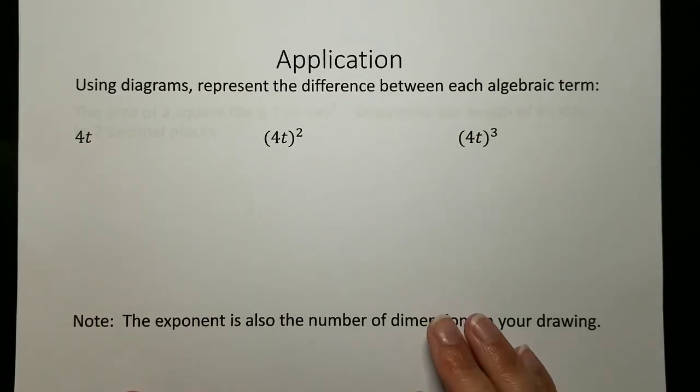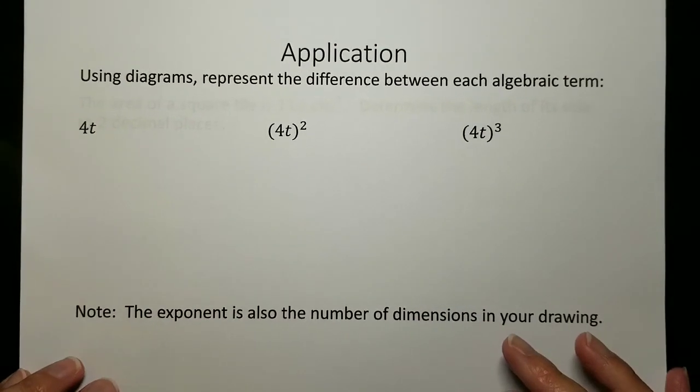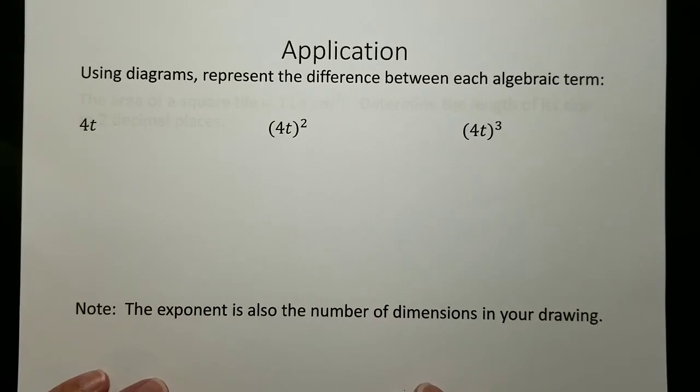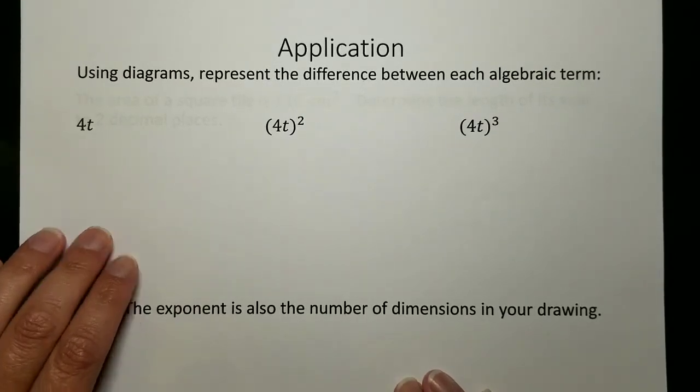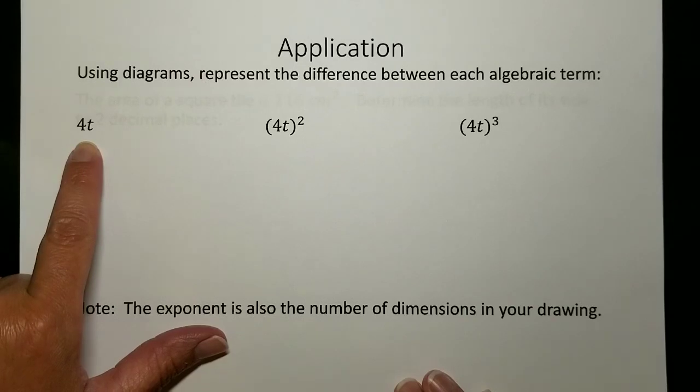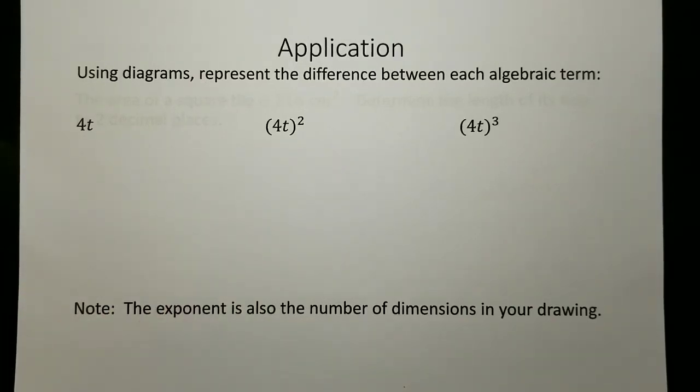So we're going to talk about how we can represent what these mean in a diagram. So if we wanted to represent the algebraic term t, I'm going to assume that t is some kind of measurement.